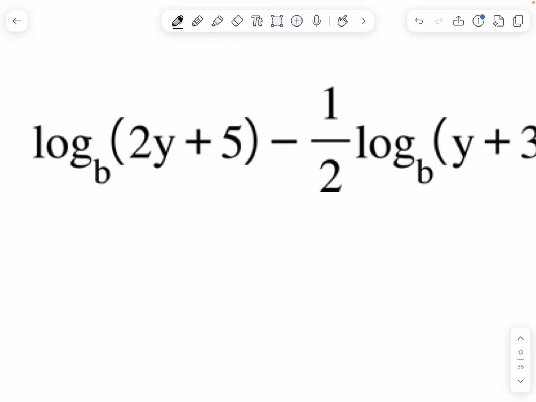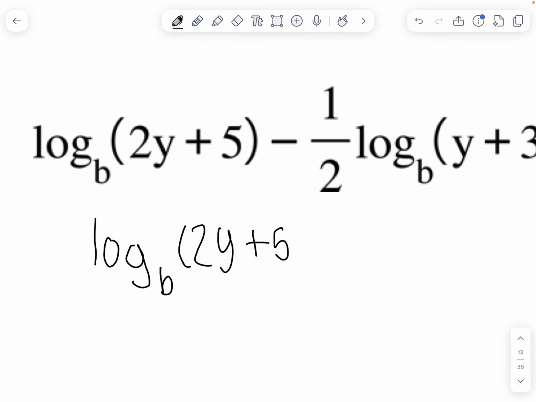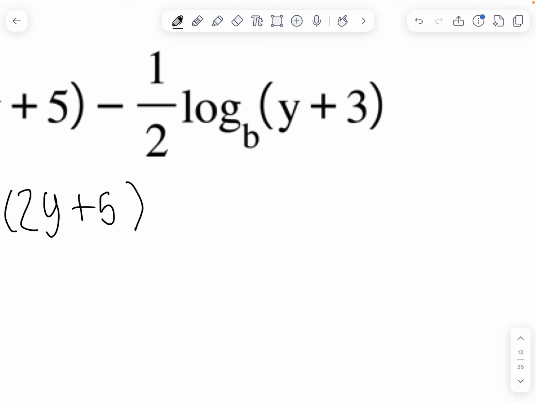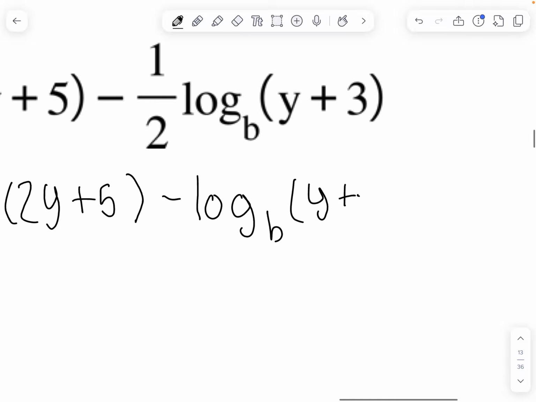And this is just some typical foiling, so log base b of 2y plus 5 minus log base b of y plus 3 squared.